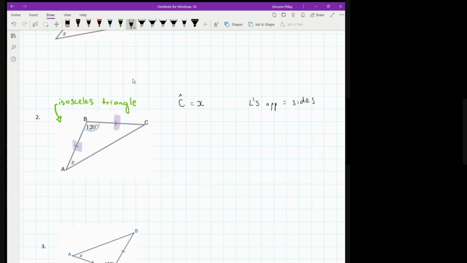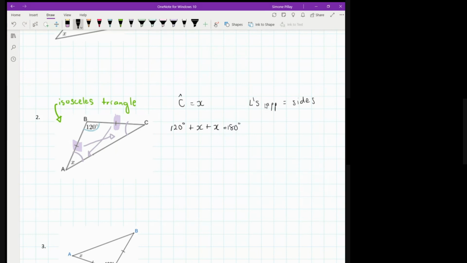So I just want to draw a nicer looking arrow. There we go. So this tells me that those two angles are equal. Now, what it tells me is that I can do sum of angles in a triangle. How? Well, I know my triangle has three angles in it. One angle is equal to 120 degrees, and the other two angles are both equal to x.